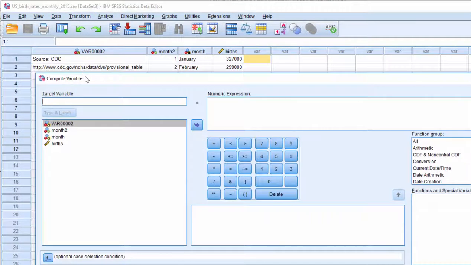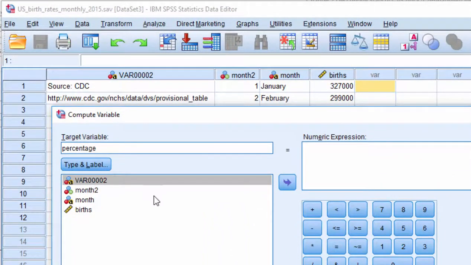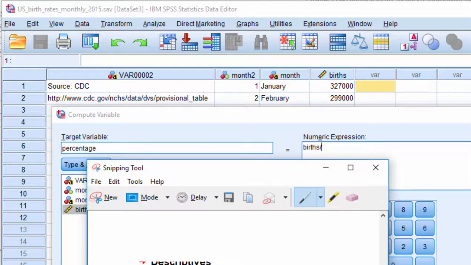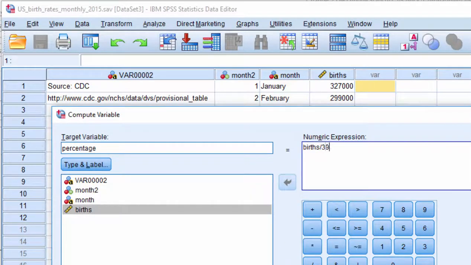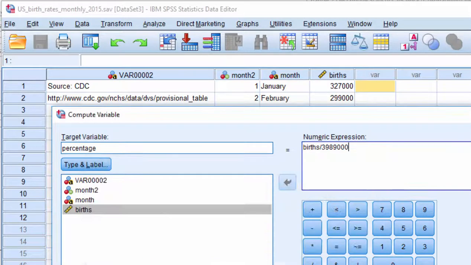So compute percentage, and I'm going to go births divided by 3989000. Yep, 3989000. And I could multiply that by 100 to get a percentage.